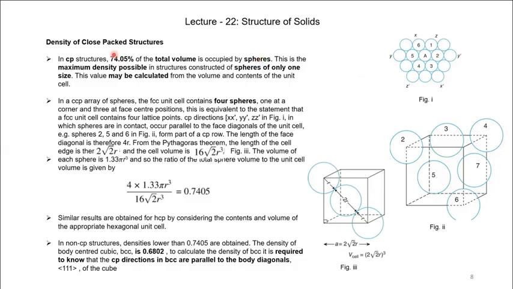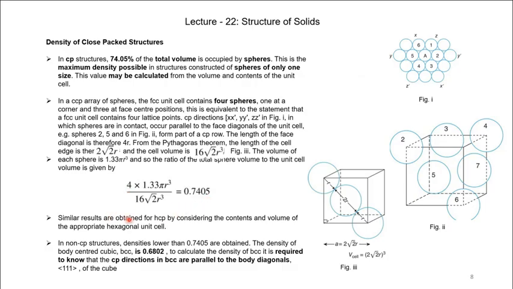You can calculate this using this figure, and if we take the radius of the sphere as r, then we can find how to get this value, that 74% of the total volume is occupied by spheres. And this is the calculation scheme. We can find it here, 0.740.